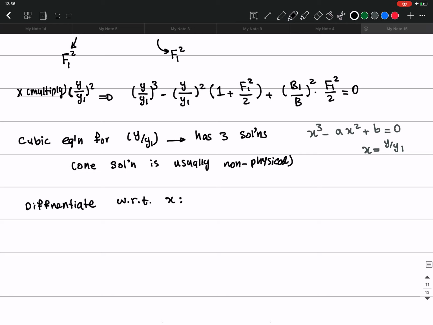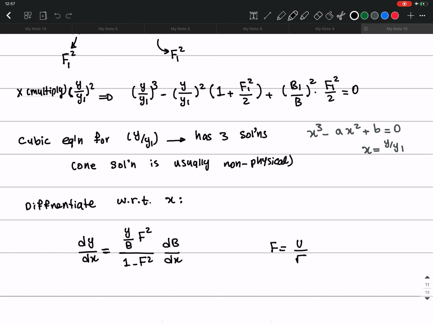If you do that and rearrange the terms, you are going to get dy over dx equals y over b, Froude number squared over 1 minus Froude number squared, db over dx, where Froude number is u over square root of gy.